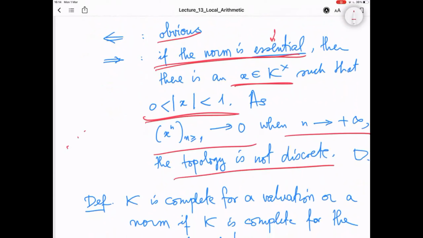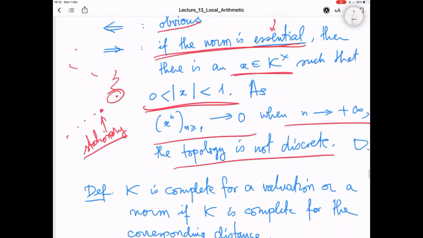Because in a discrete topology, a sequence tends to something if and only if it's eventually stationary, right? Stationary means that eventually it's the same term being repeated. Otherwise, it doesn't even converge.